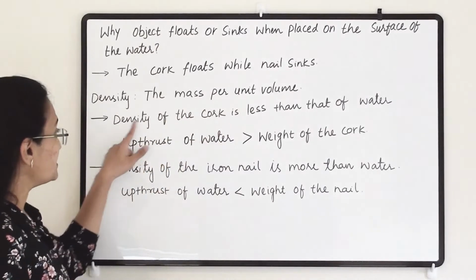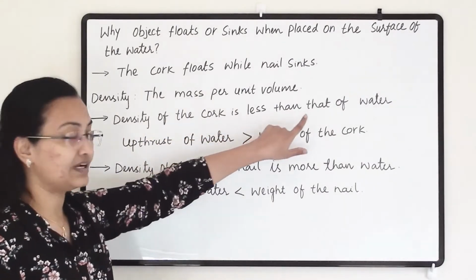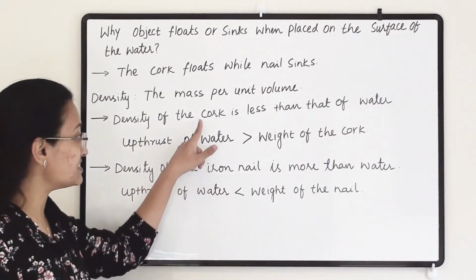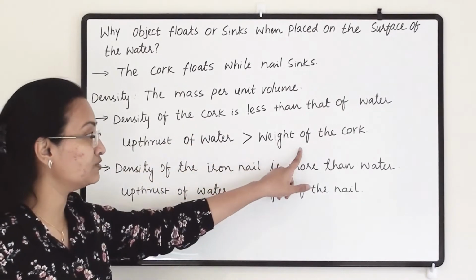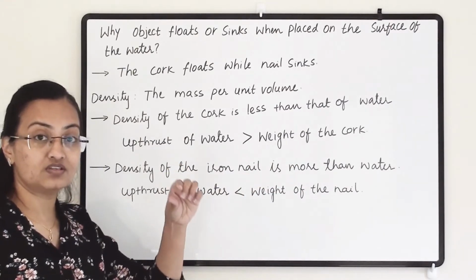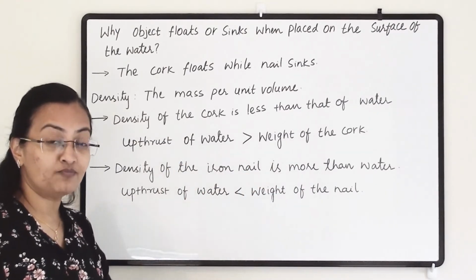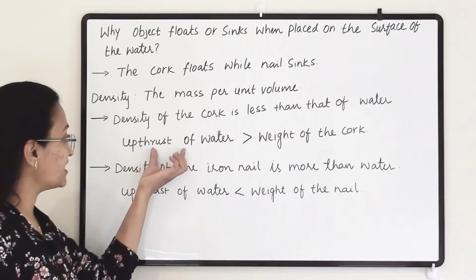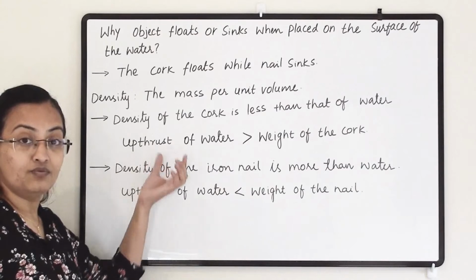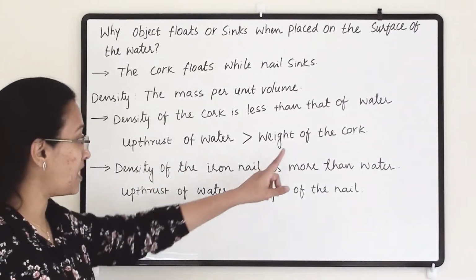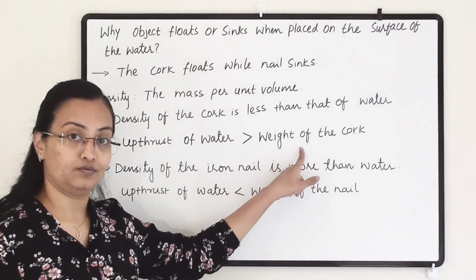The density of the cork is less than that of the water. So the upthrust of water in this case is larger compared to the weight of the cork. So when we place a cork on the surface of the water, the upward force, which is the buoyant force, also known as upthrust of water, will be higher in the upward direction compared to the weight of the cork.